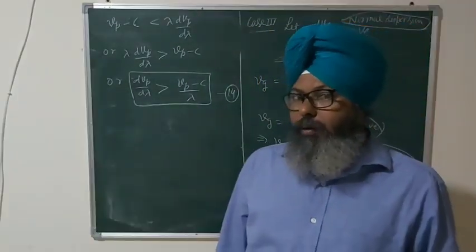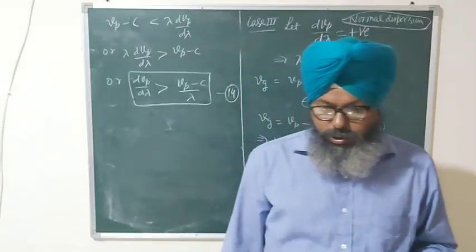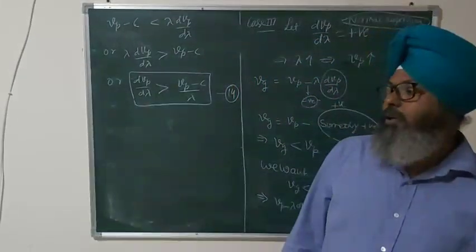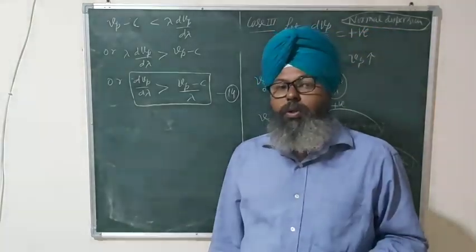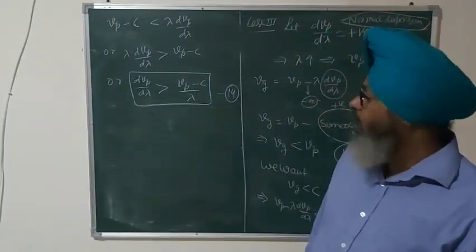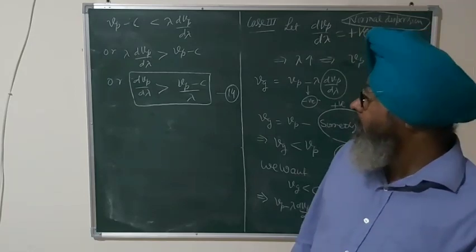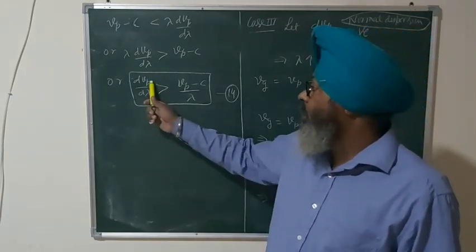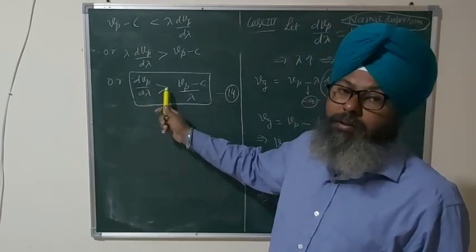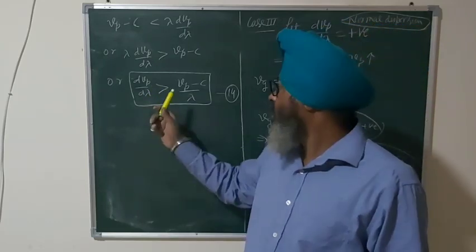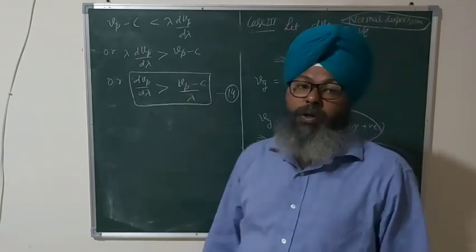These waves must show normal dispersion, and the rate of change of velocity of de Broglie waves with respect to lambda must be greater than this value.